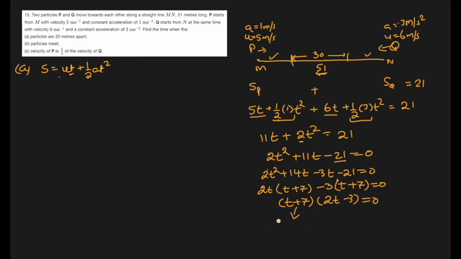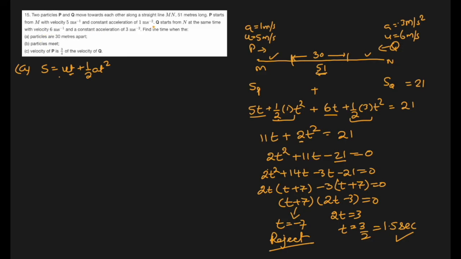So this gives me T equal to negative 7. This gives me 2T equal to 3, so T is 3 divided by 2, 1.5 seconds. So this we reject because time cannot be negative. So this is the answer, 1.5 seconds.